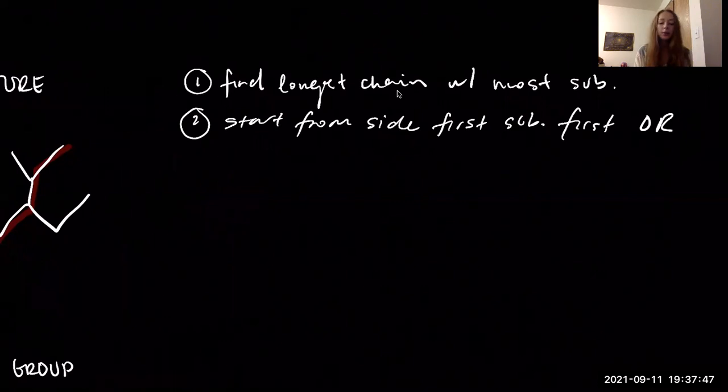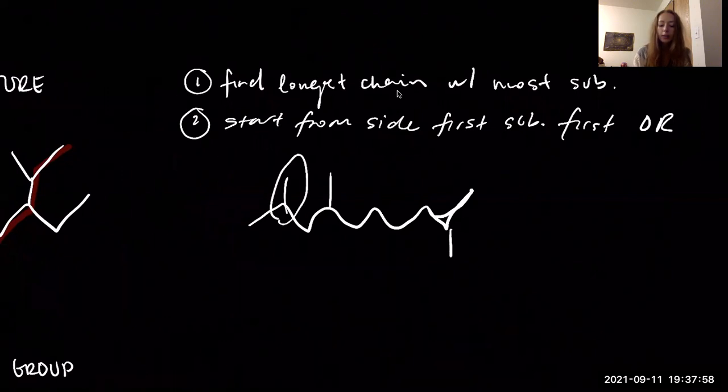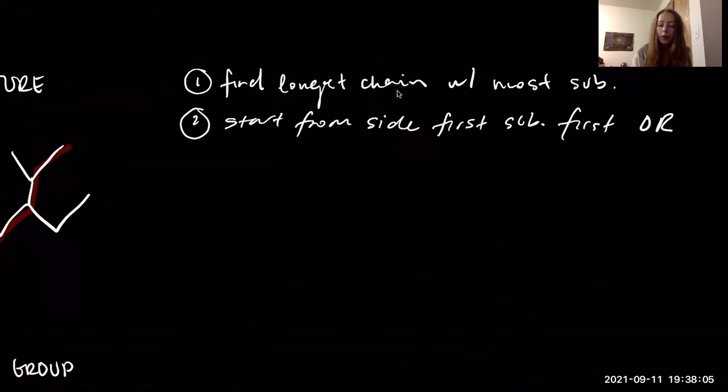Or because sometimes you'll have a molecule, it'll look something like this, where you run into the first substituent if you're going this way on the second carbon, and if you're going this way also on the second carbon. So in that case, you need to look for where you'll find the lowest numbering scheme.